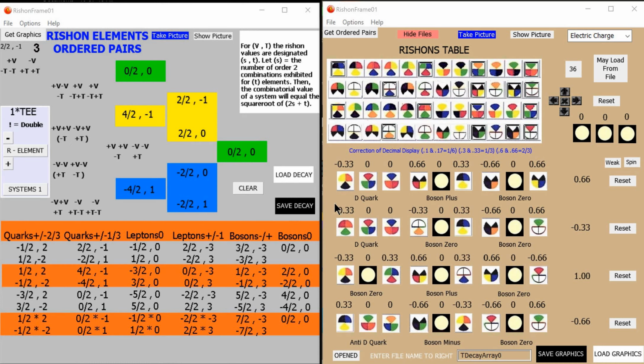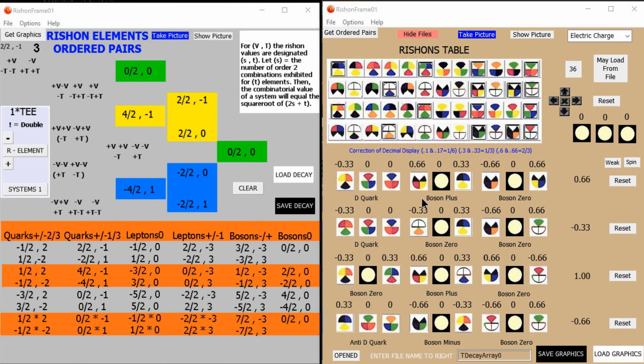Now sum with the minus 1/3 of the generic D, that gives us 2/3. And this boson 0 pair contributes nothing to the electric charge. So the 2/3 electric charge is correct for the T-quark of the standard model.